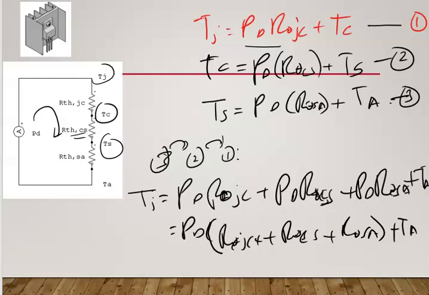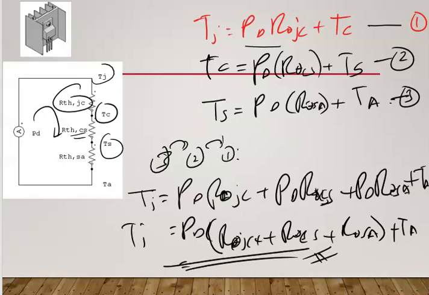This is your case here. So this is the overall Tj equation, which involves R thermal Jc, R thermal Cs, R thermal Sa, and T ambient. So this is the equilibrium equation for a circuit with the device attached to a heatsink.